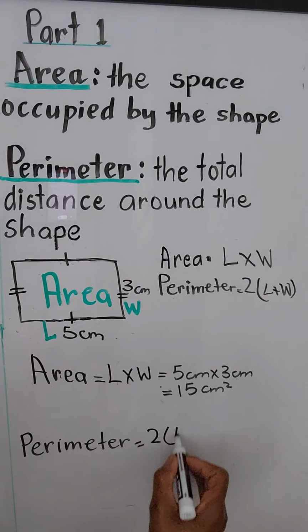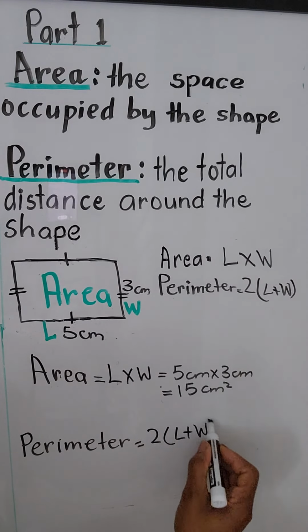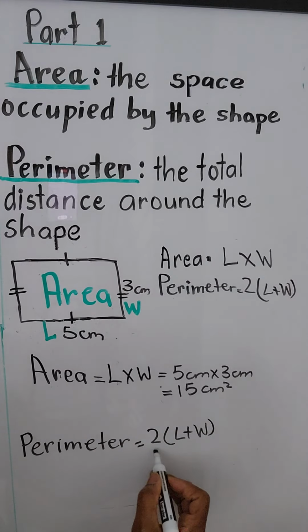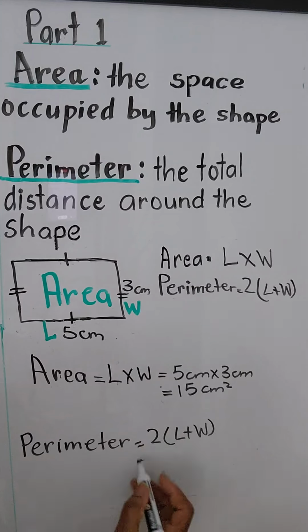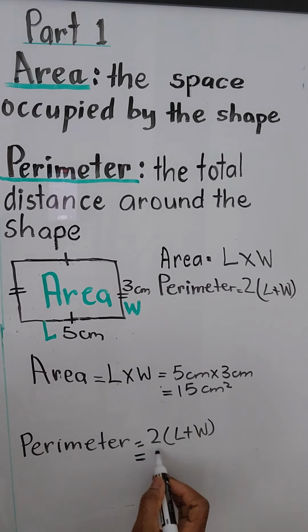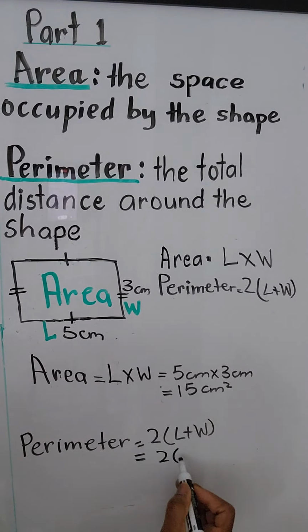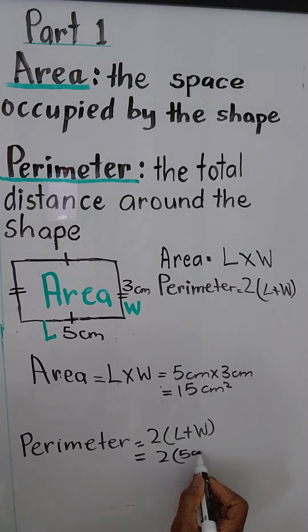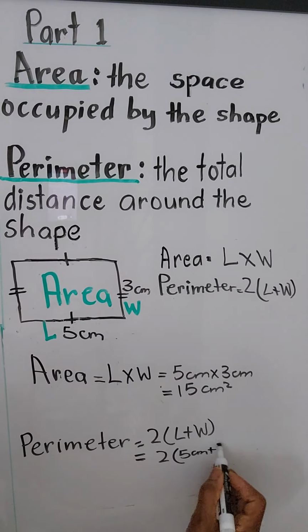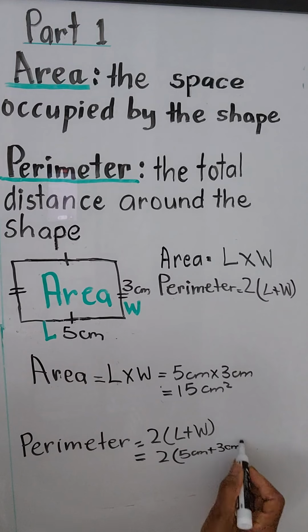2 times L plus W is equal to 2 times 5 centimeter plus 3 centimeter.